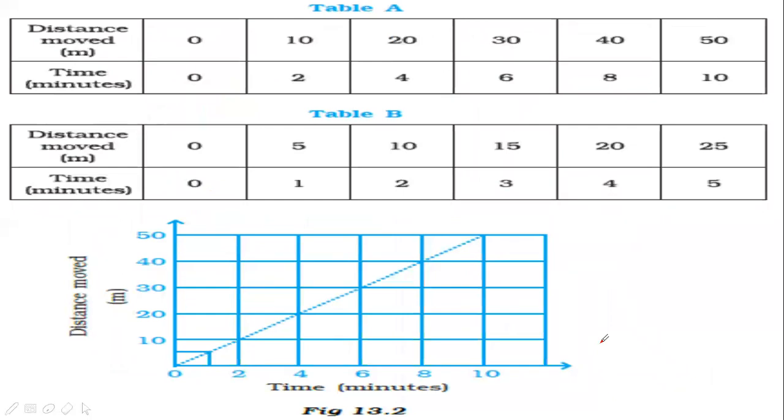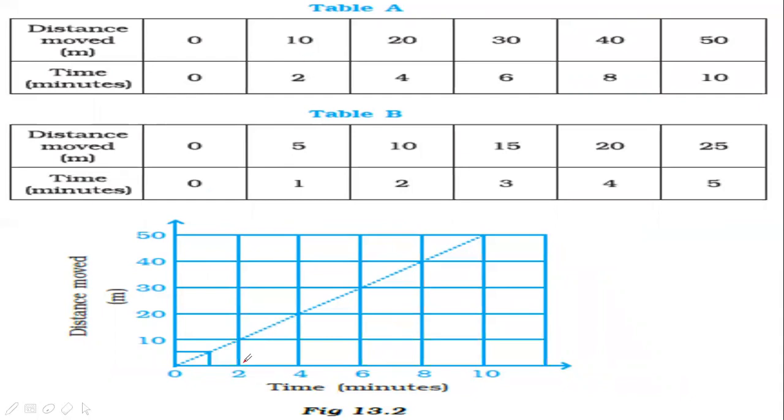The graph is shown in the figure. I will take 2 or 3 examples from this, and then you people will do it. Distance is 0, time is 0. In 2 seconds, the body moves 10 meter.